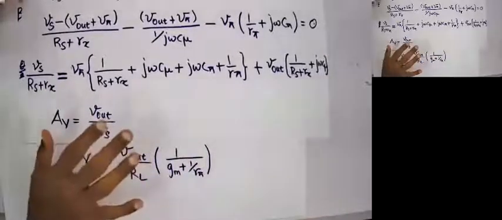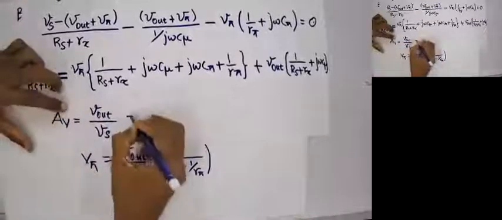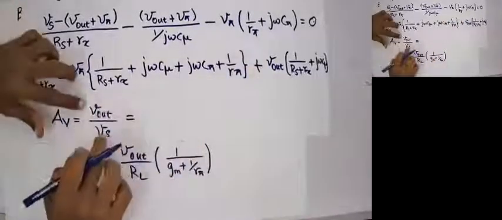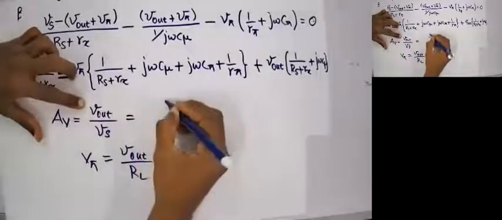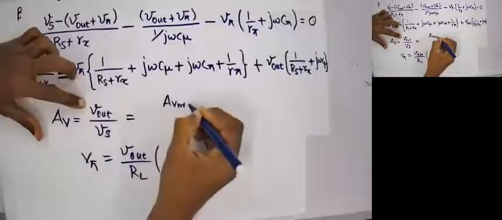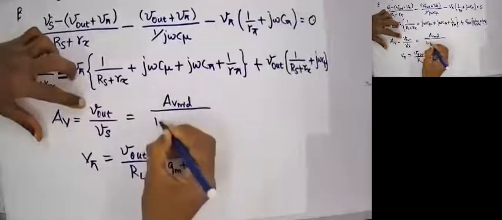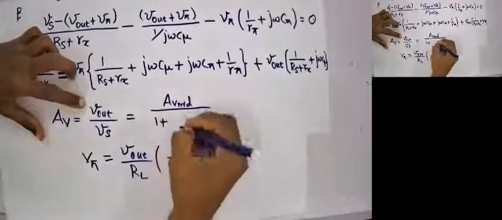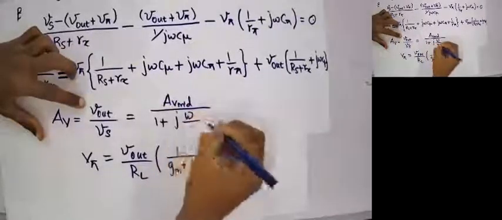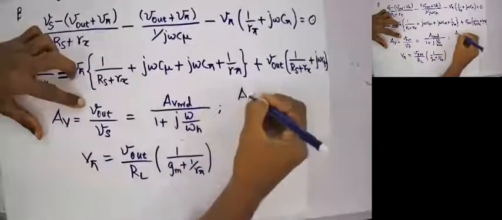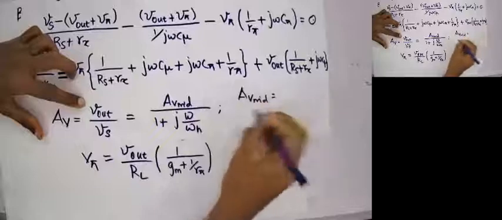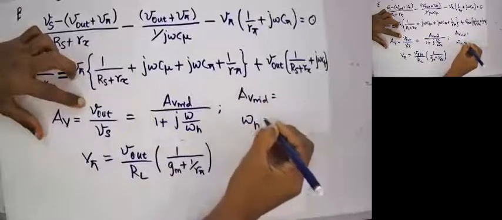So you will get an equation for V out by Vs, and then write that equation in the form of AV mid divided by 1 plus j omega over omega h, and then from there you can calculate AV mid and omega h of a common collector amplifier.